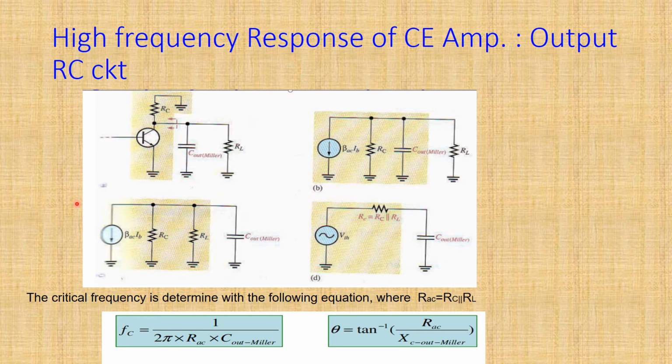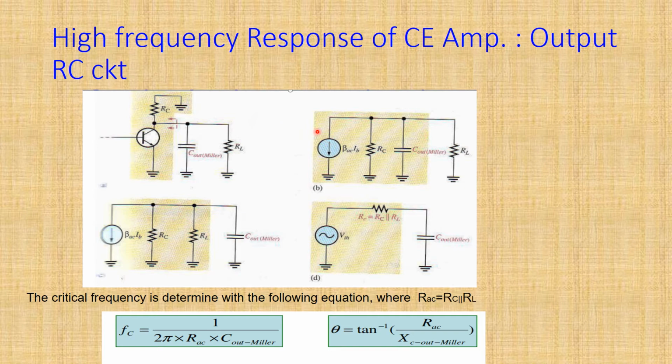Now this is a simplified version of the complete circuit. It works as a low pass filter here, so the critical frequency is determined by the following equation: FC is equal to 1 upon 2 pi RAC into C out Miller.